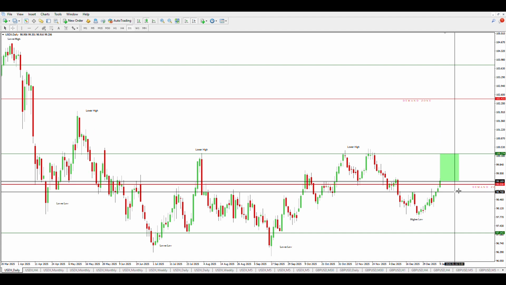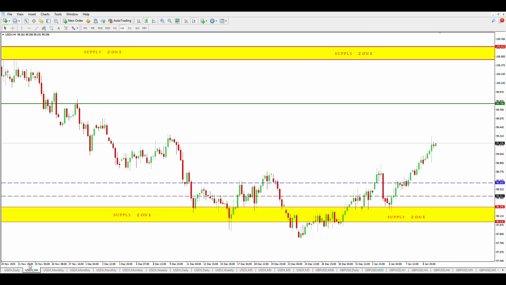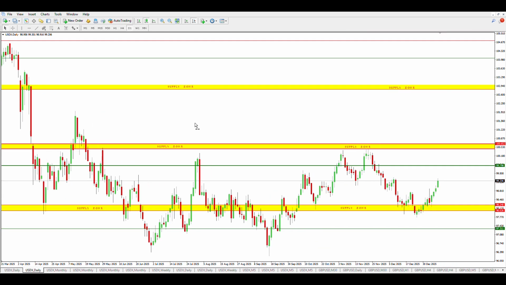Price needs to move from one demand zone into the next demand zone. Simple. And in the supply zone, price has to move from one supply zone into the next supply zone, and that's how it's done.